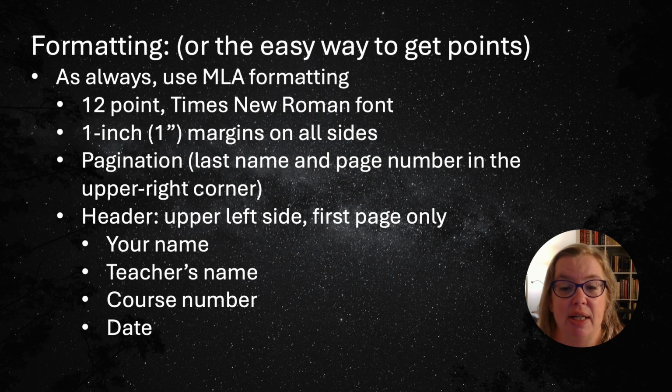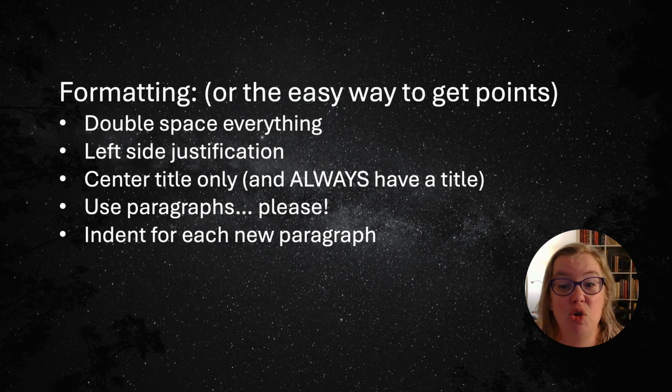Use pagination, last name and page number in the upper right corner. And the header always goes on the upper left side, first page only. Your name, your teacher's name, the course number, and the date. And then, do not forget to double space everything.